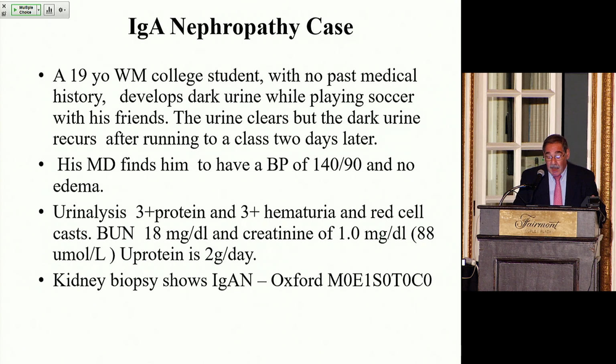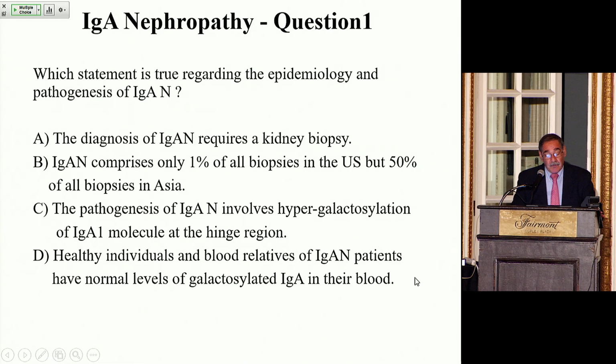He gets a kidney biopsy, which shows IgA nephropathy with an Oxford classification of M0, E1, S0, T0, C0. So if you're not using the C's in there, you're going to be using them after today. So which statement is true regarding the epidemiology and pathogenesis of IgA nephropathy? A, the diagnosis of IgA nephropathy requires a kidney biopsy.